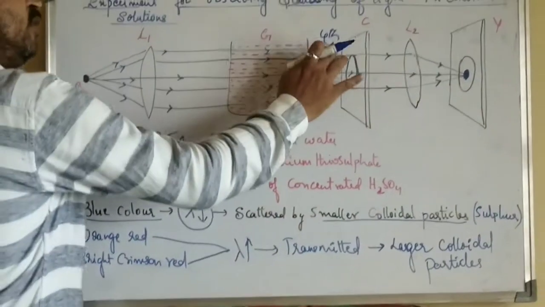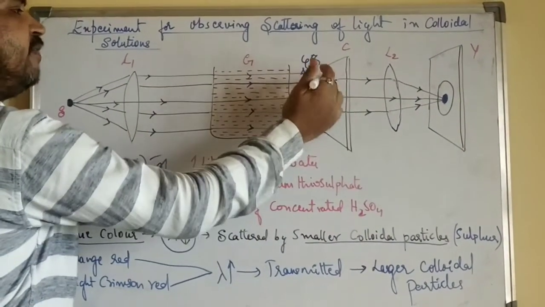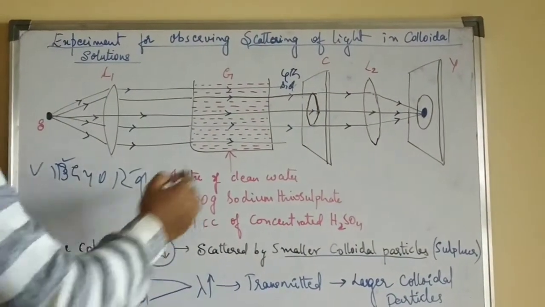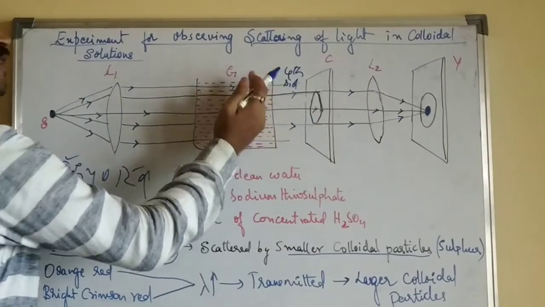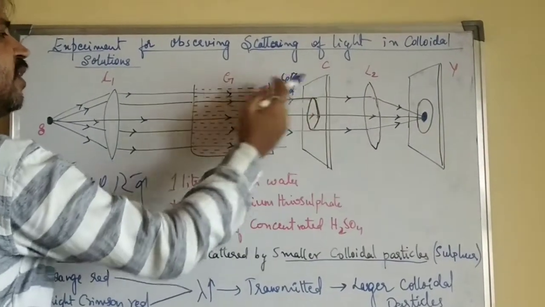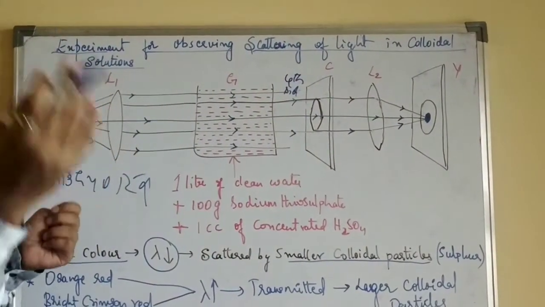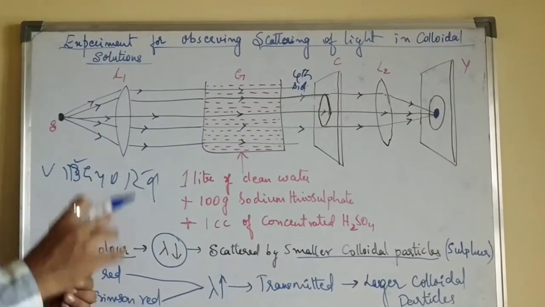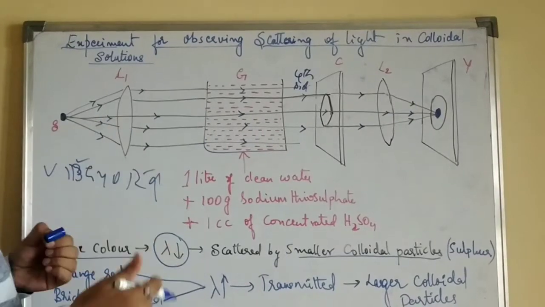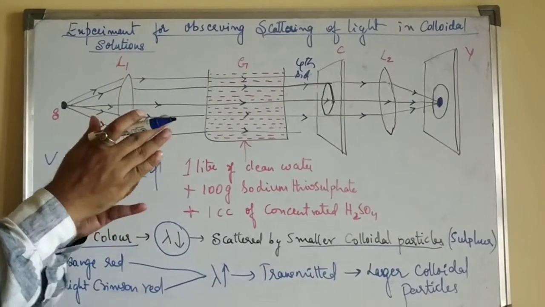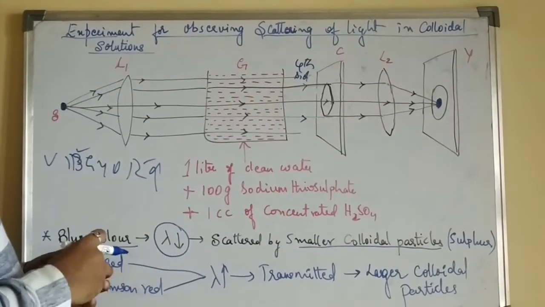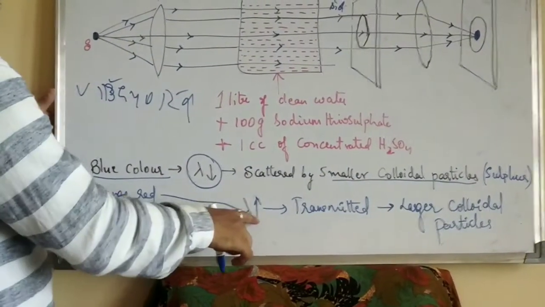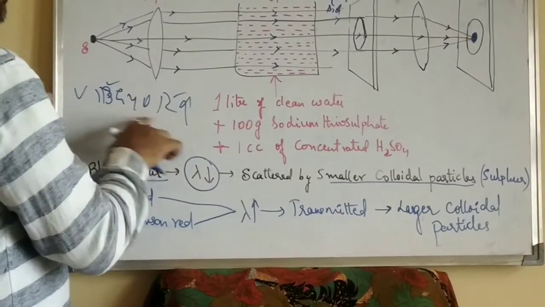Now on the fourth side, which is facing the cardboard having this narrow hole, you can see the rays which are transmitted by the larger sulfur particles, the scatterers which are very large. They are capable of not scattering but transmitting the wavelengths which are very high, whose wavelength is more in this spectrum.